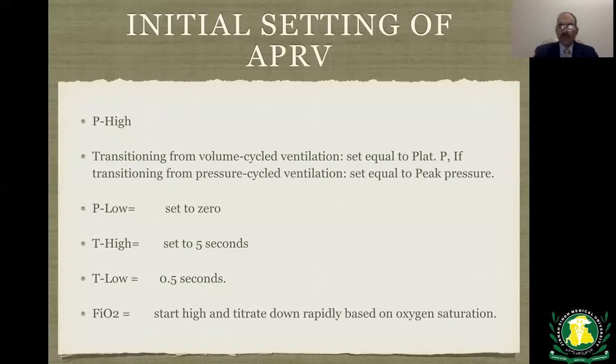P low should be 0, and the time for the high pressure should be set anywhere from 4 to 5 seconds, and the time for the low pressure, 0.5 seconds. Start with high FiO2 and then titrate it down as long as saturation stays more than 94% on the monitor.